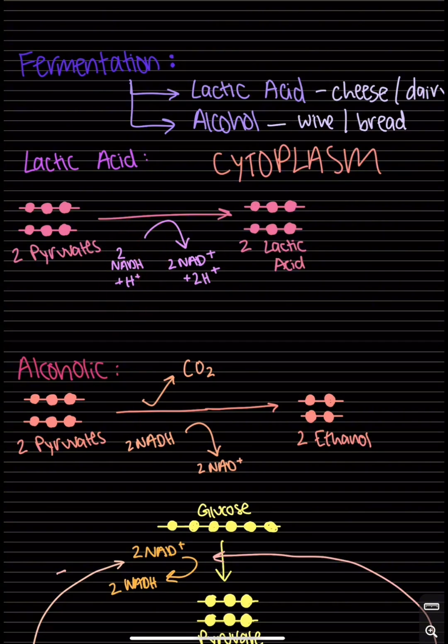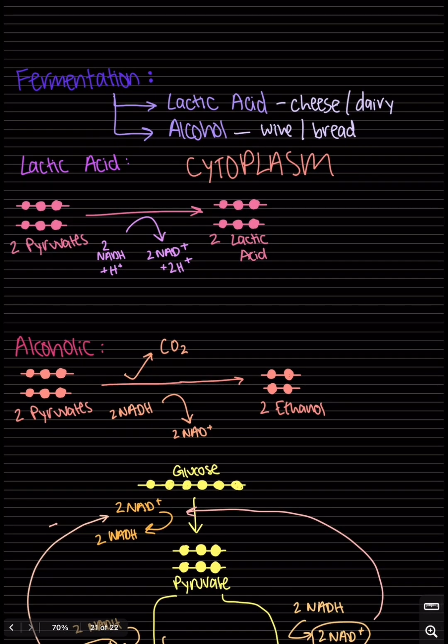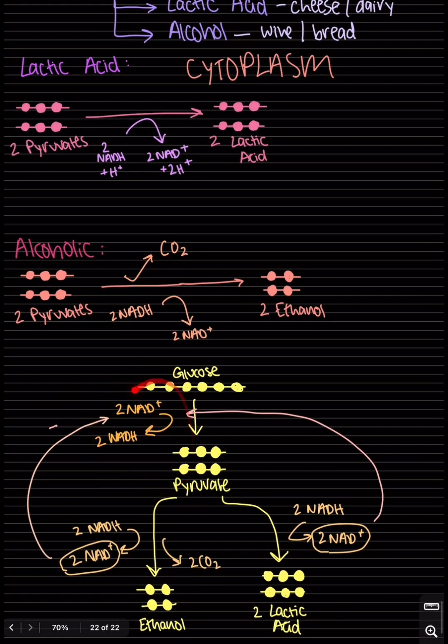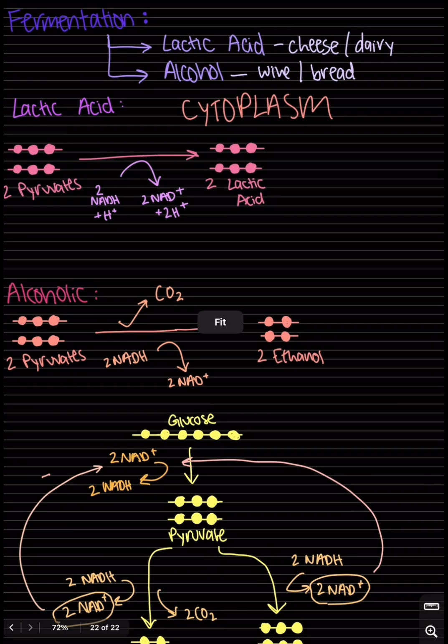So the NADH found in the cytoplasm was made from the glycolysis step right here. You can see NADH.